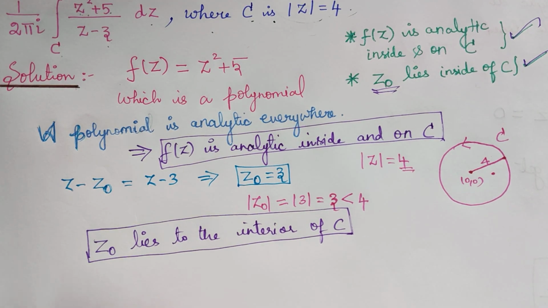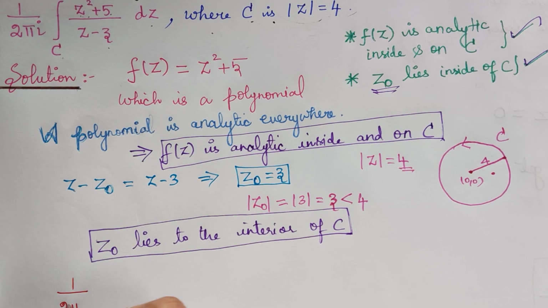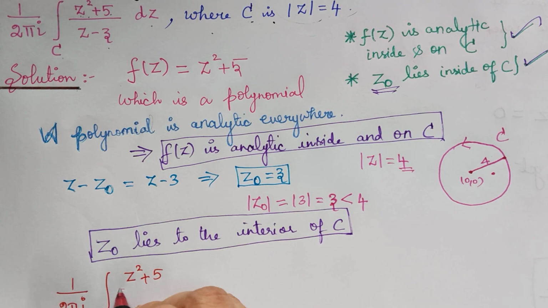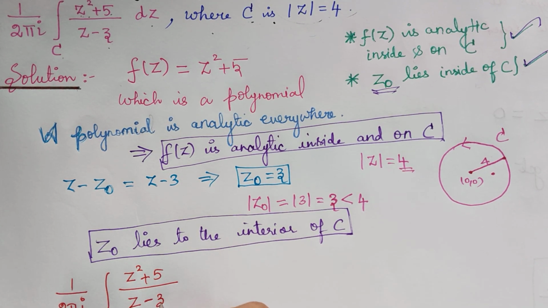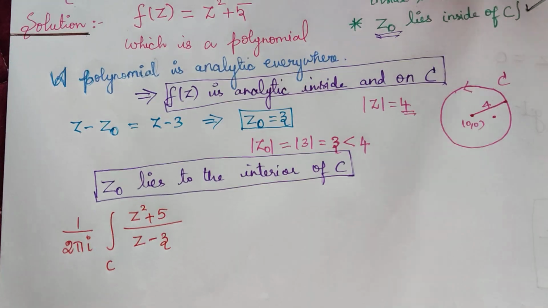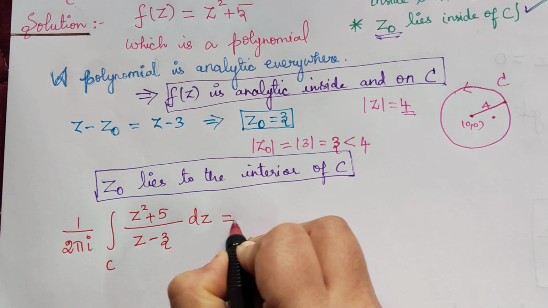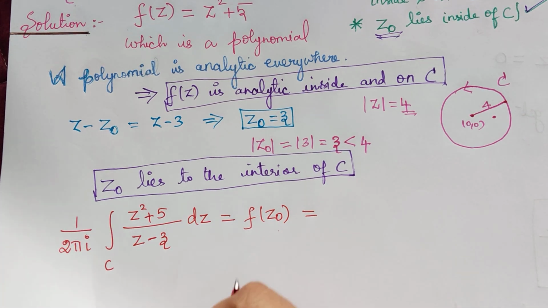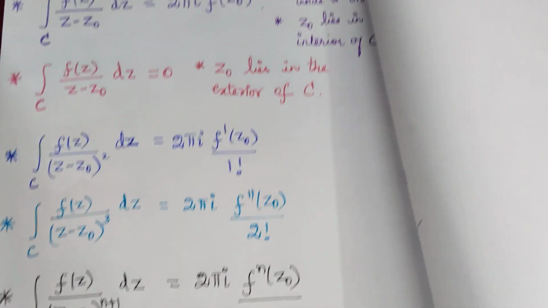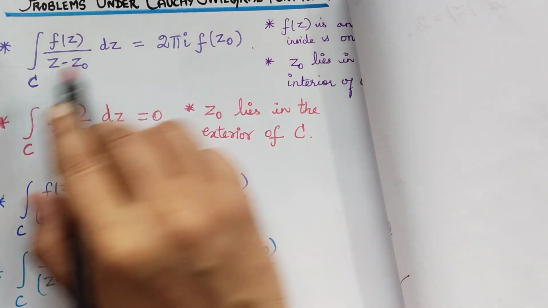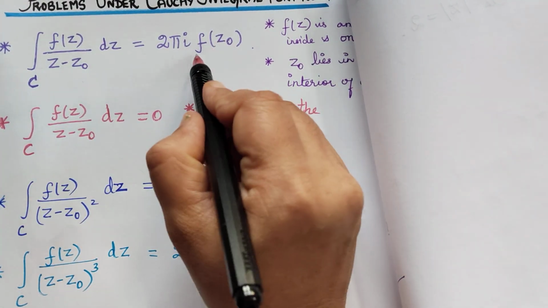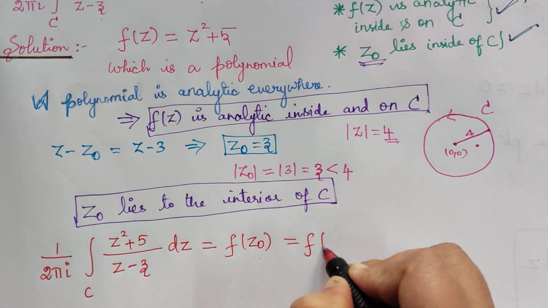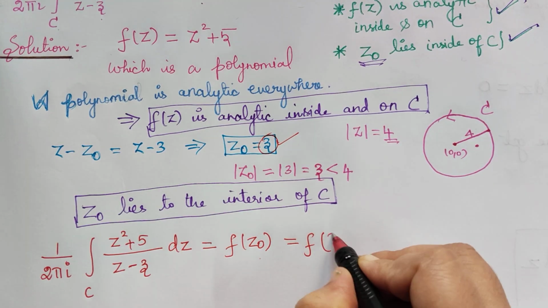As per the Cauchy integral formula, we have 1 by 2 pi i integral over C of f of z, which is z square plus 5, divided by z minus z naught, which is z minus 3, dz, is equal to f of z naught. So what is f of z naught? Here z naught is 3, so f of 3.